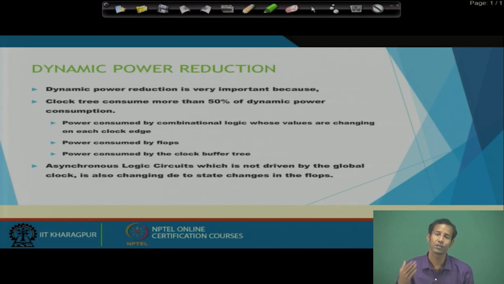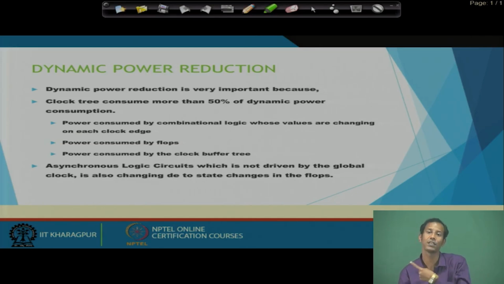It continuously supplies the clock signal to all the sequential elements in your circuit. Depending on the frequency we have chosen, sometimes it is 1, sometimes it is 0, sometimes 1, sometimes 0.